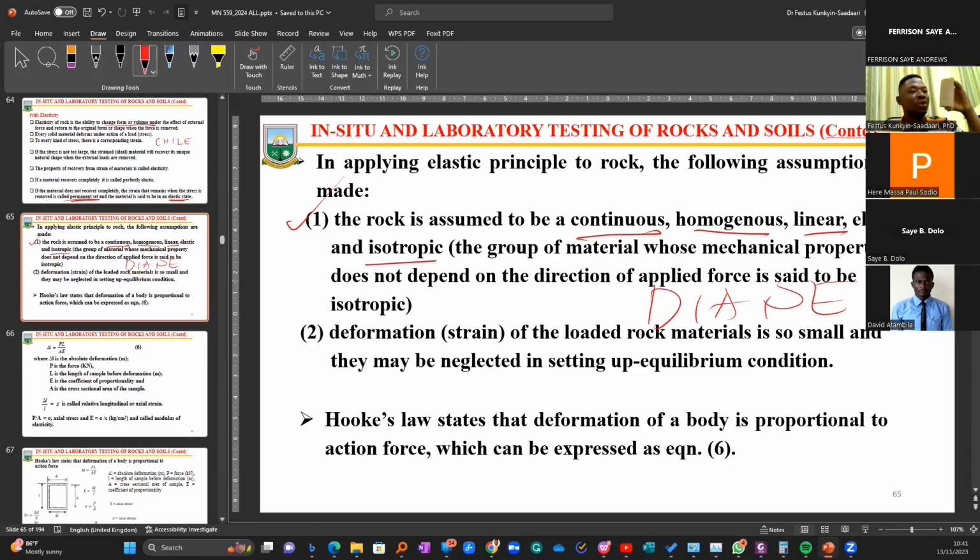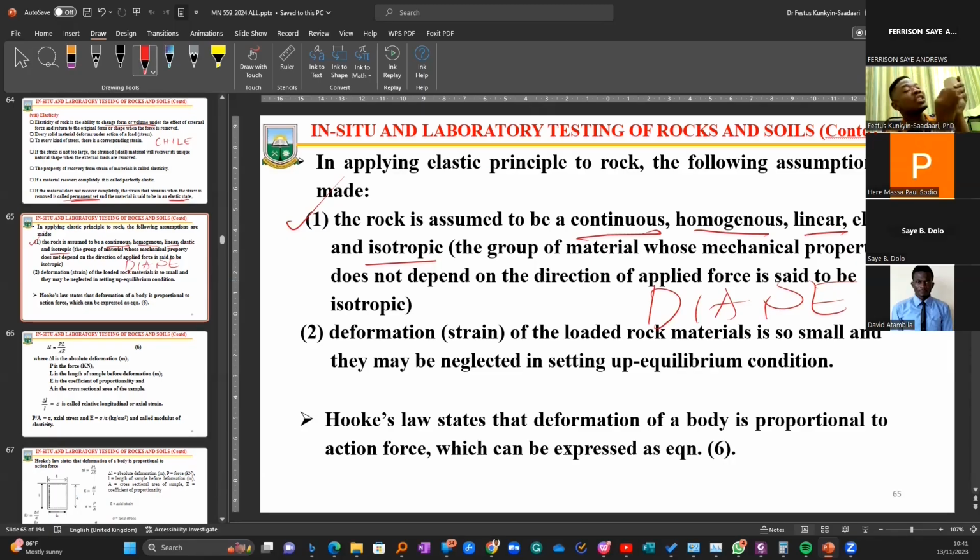Why do we do that? We do that because our rock is such that when it deforms, it usually crashes. And so once you take the machine off it, you are left with pieces of the deformed rock. How do you put it back to measure the deformation that occurred earlier? You can't do that.